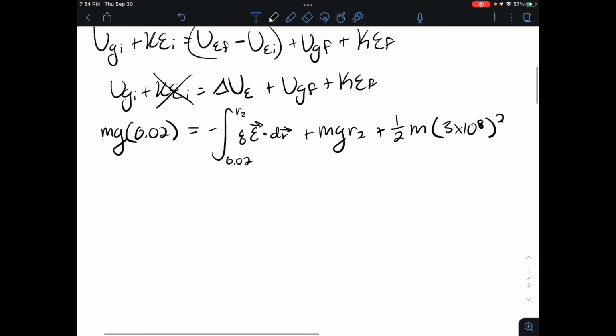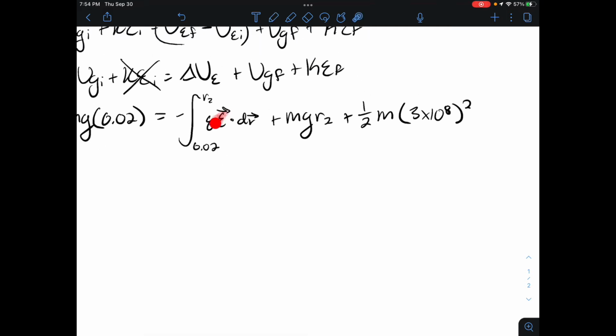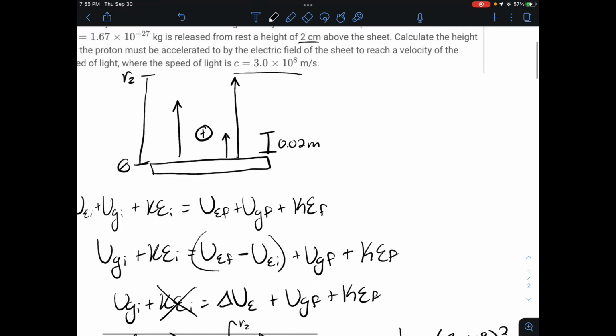Now that we have our equation all set up, I'm going to start looking at some of the pieces inside this integral. If we go back to our initial position, the electric field from this plane is going to be going up this way, because it's a positive surface charge. Our radius is here or here, the highest and the lowest radii we're looking at, so those are going in the same direction.